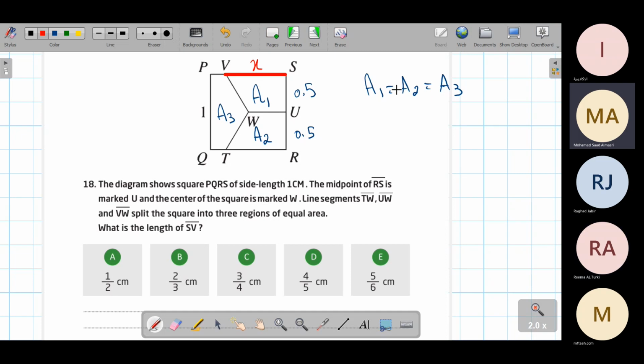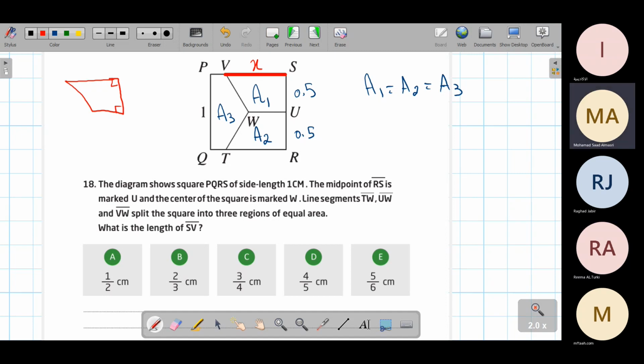Like now, I know that A1 equals A2 equals A3. A1 and A2 are two congruent shapes. You know the nature of SVWU, with two right angles here. We say that this is a right trapezoid.